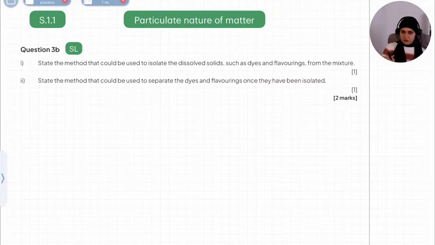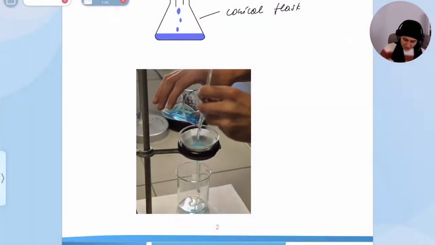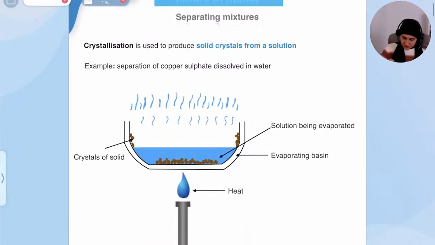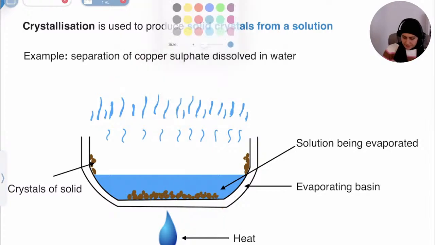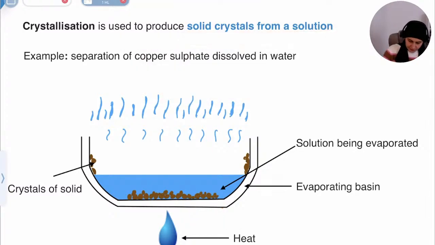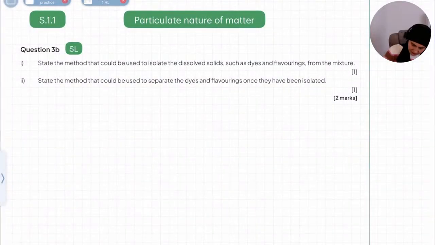To separate solid from a solution, we would use crystallization. We would just evaporate the water and the crystals would stay. It's used to produce solid crystals from a solution, so that would be called crystallization.